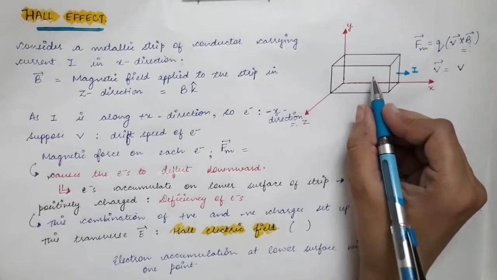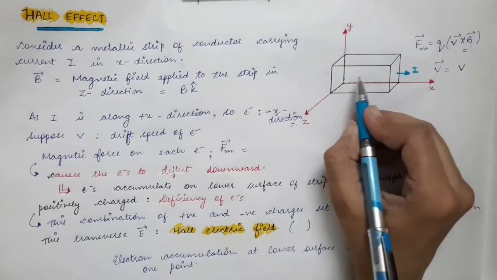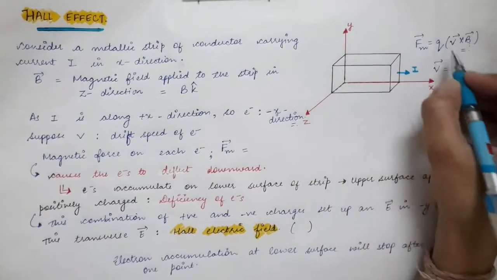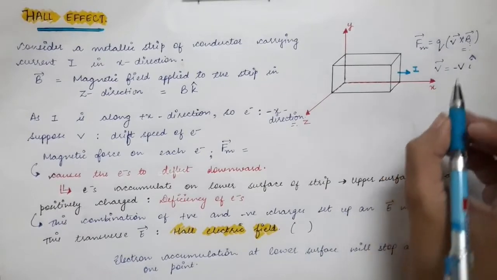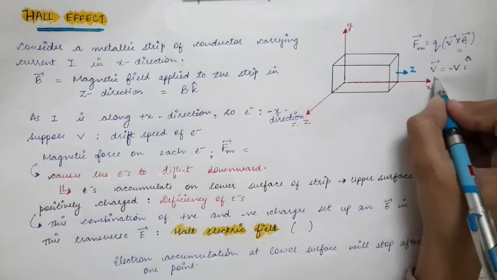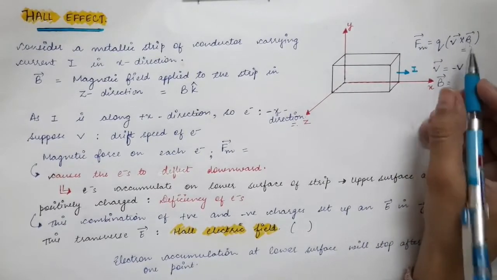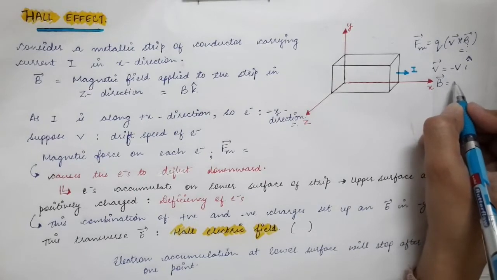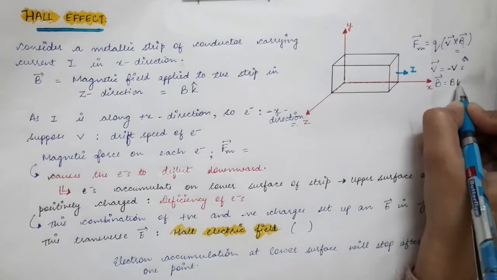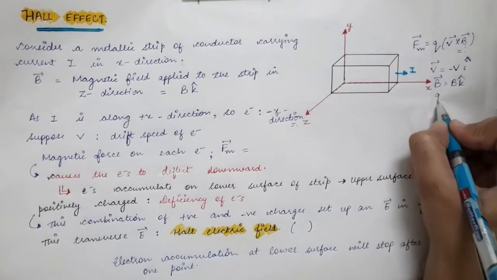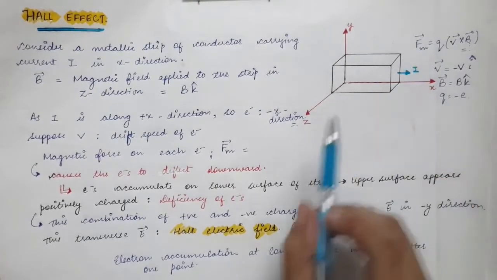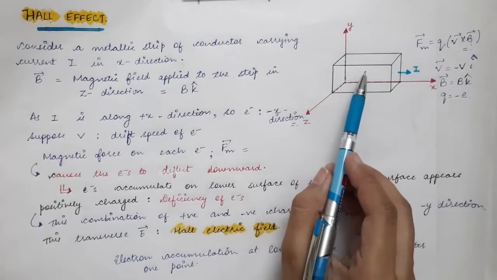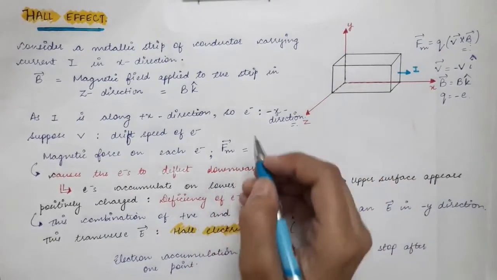Now the direction of the electrons in the conductor is along minus x-axis, which means it will be minus i cap. Then the magnetic field has been applied along plus z-axis, so it will be B k cap. And the charge is given by minus e.